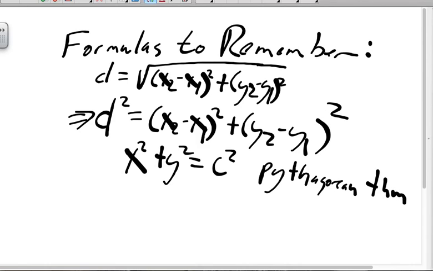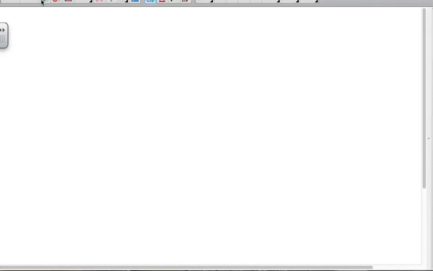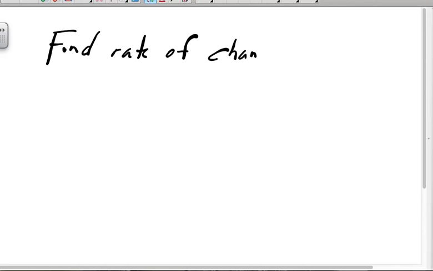All right, so let's go in and take a look at another example. So I want to find the rate of change of the distance. That word right there ought to have kicked off a warning bell in your brain.